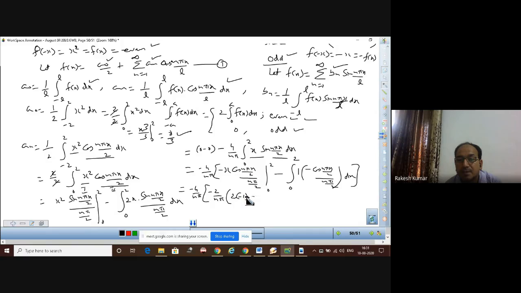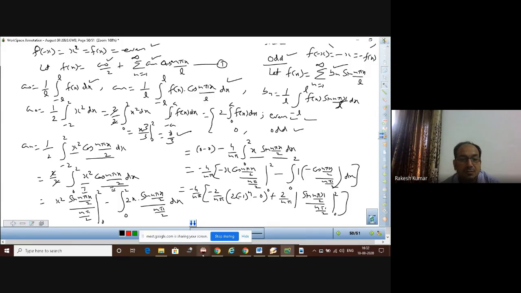Cos n pi is minus 1 to the power n. And for 0, cos of 0 is 1 with the 0 multiplier, so it contributes 0. So minus and minus is plus, that is 2 over n pi, times the integration of cos, which is sine of n pi x over 2 over n pi over 2, with the limits 0 to 2.